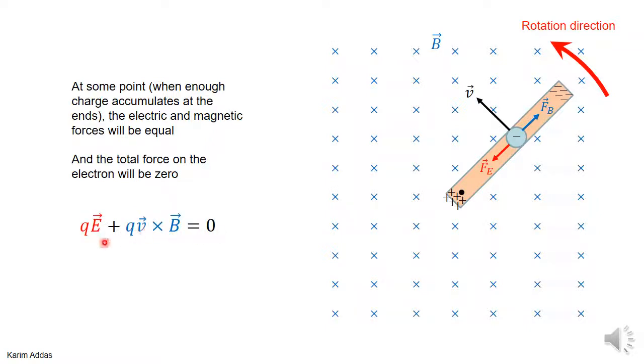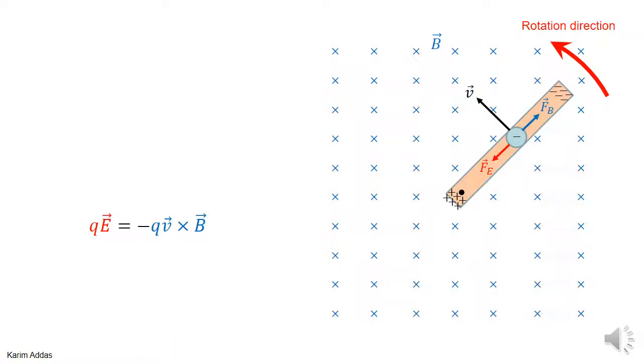That means qE plus qv cross B is 0, so qE is minus qv cross B. Dividing by charge, the electric field is minus v cross B. Thinking about magnitudes only, the angle between v and B is 90 degrees, so the magnitude is vB sine 90, which is 1. So the electric field magnitude is v times B.